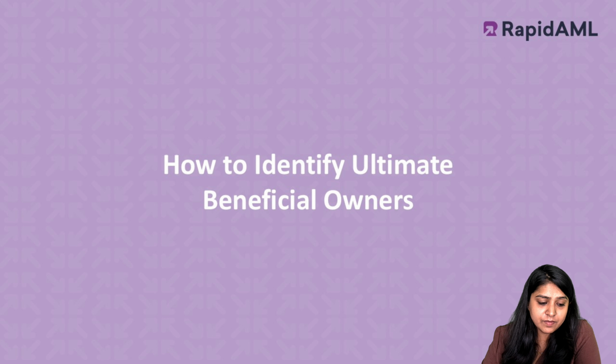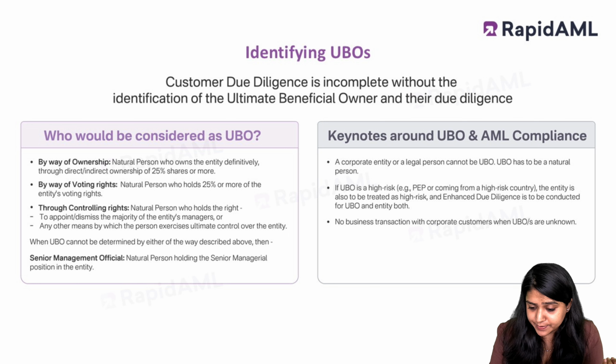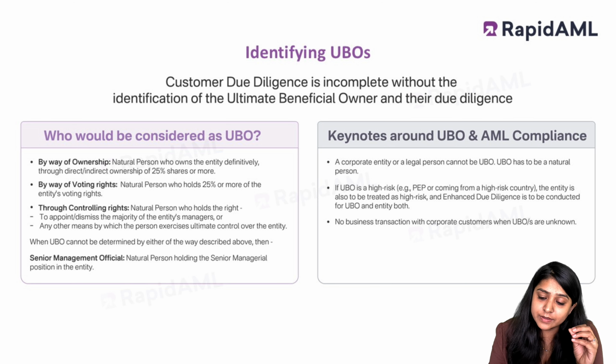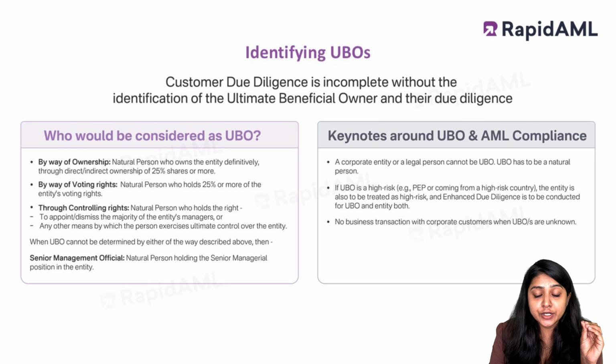Now, let's say if I look at the shareholding pattern and, by ownership, I'm unable to find out. The next step is by voting rights: which of the individuals has the maximum voting rights, more than 25%. That would be the criteria. If even after applying ownership and voting rights, we are still unable to identify who the UBO is, then we will try to find a person who has controlling rights in an organization.